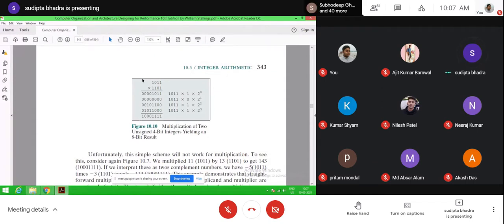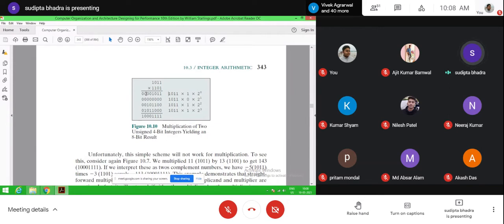Now please observe each and every partial product. When the multiplier bit is 1 and it is in the 2 to the power 0 position, then the partial product is the same as the multiplicand, that is 1001.